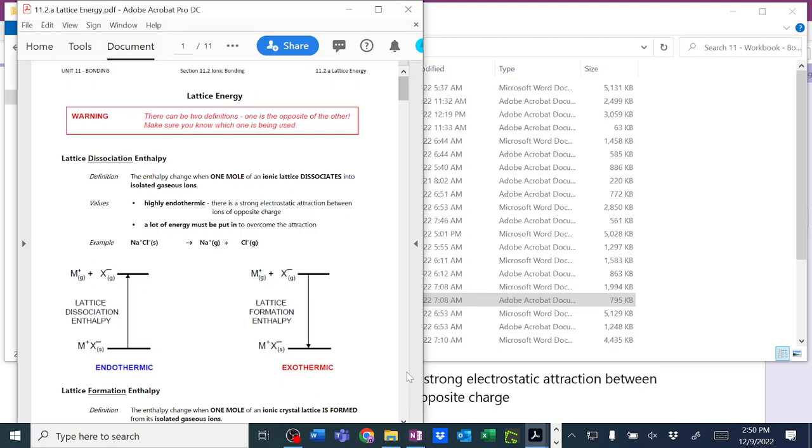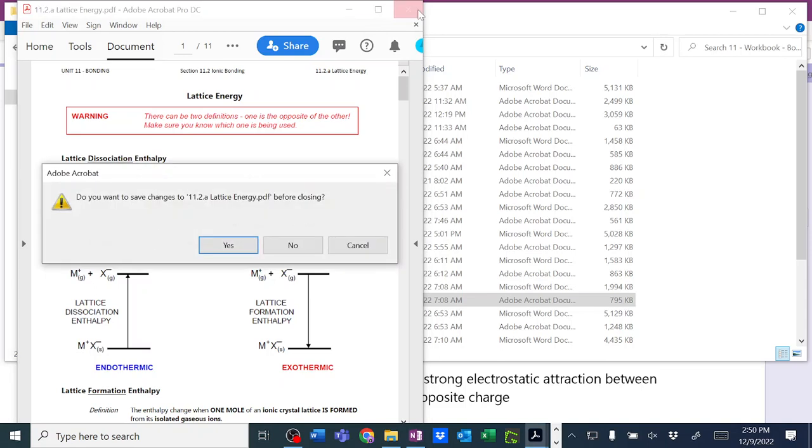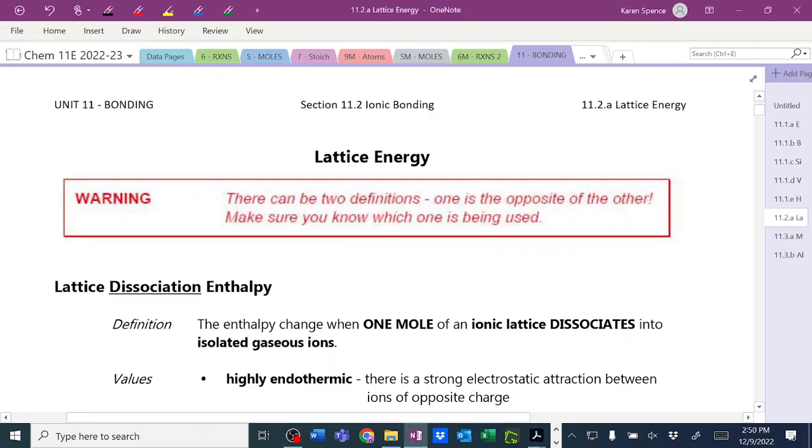I give up. It's jammed. So, how about questions on the energetics of covalent bonding?